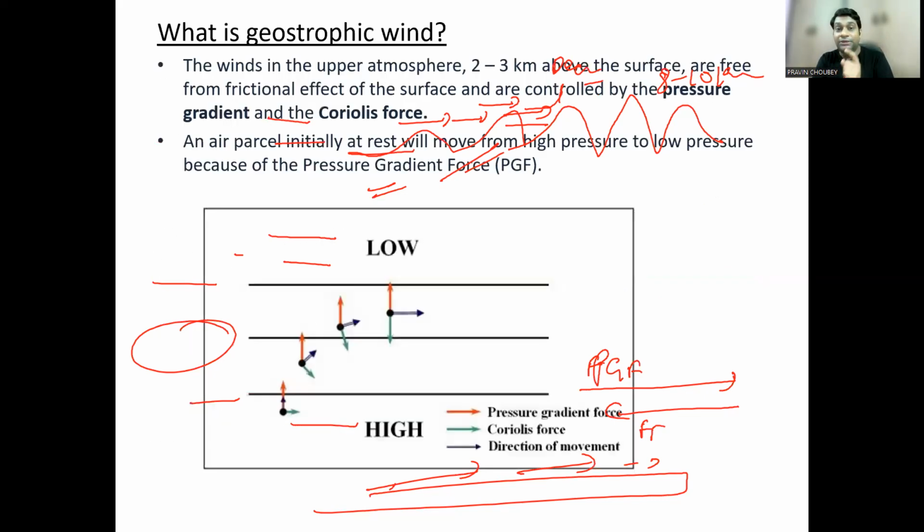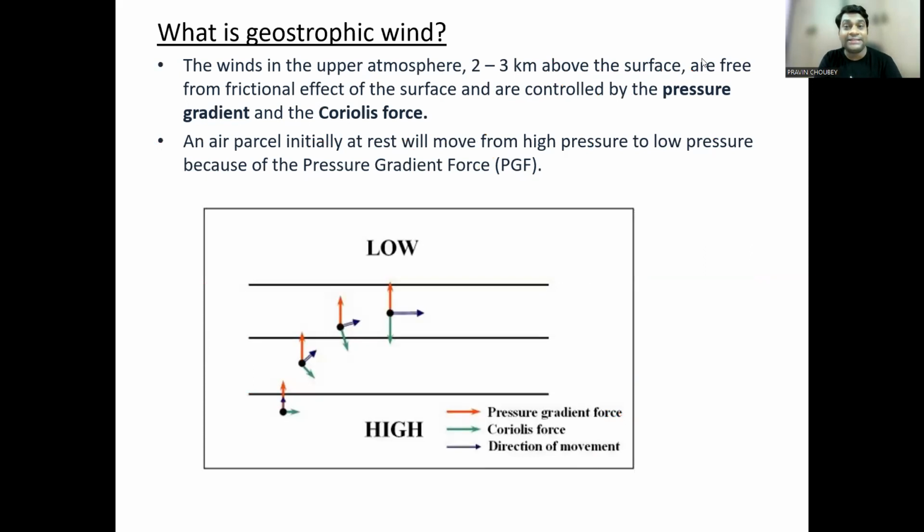Okay, now we are here to discuss our most important concept: what exactly is the geostrophic wind? We are talking about the wind which is blowing at a height of more than 2-3 kilometers, or we can consider a height of 6 to 8 kilometers above the earth's surface. When we talk about 6 to 8 kilometers above the earth's surface, this wind is free from the third important factor, the frictional force.